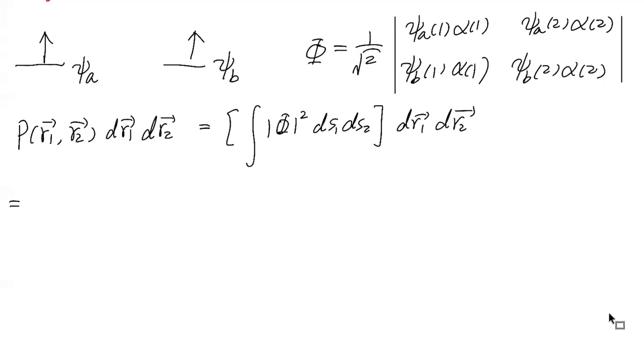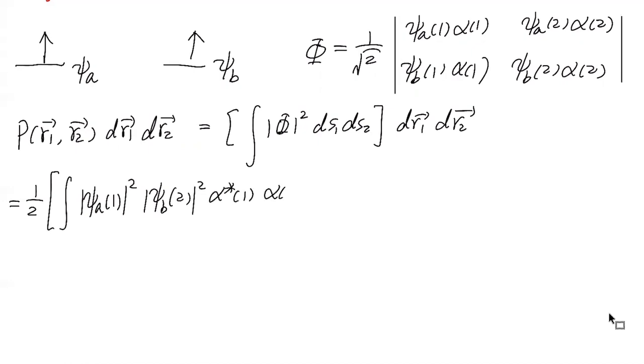And again, let's do this expansion. 1 over 2, you have psi A 1 squared, psi B 2 squared, alpha star 1, alpha 1, alpha star 2, alpha 2, ds1, ds2.